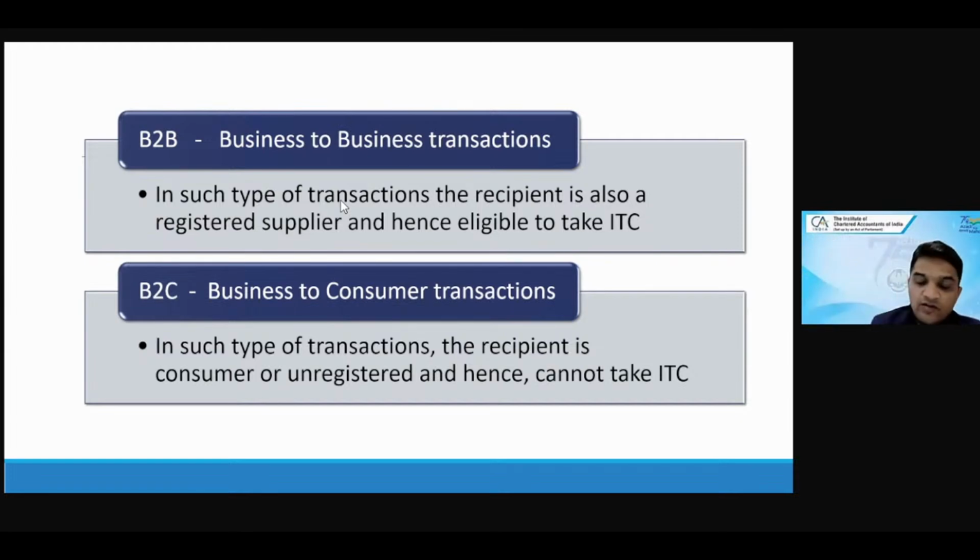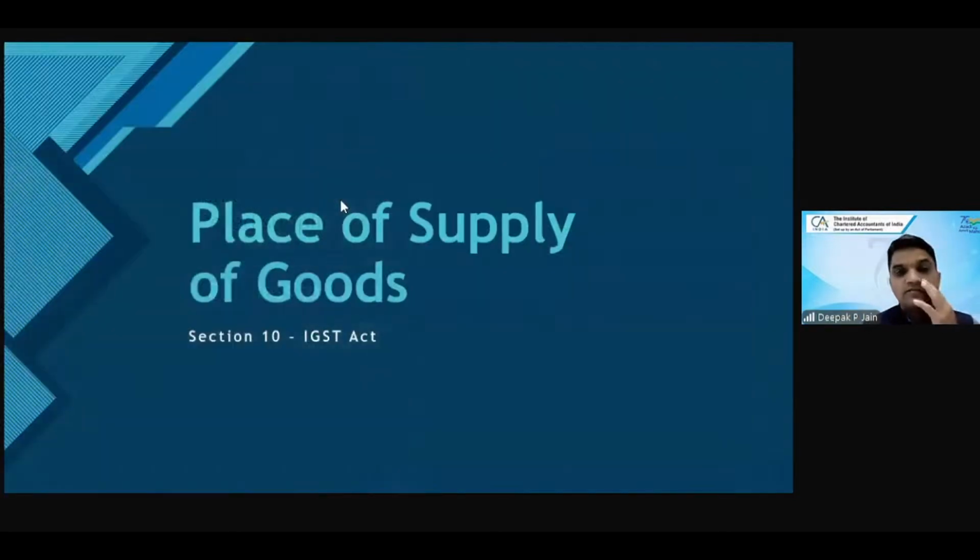Okay, so that's how the transaction is B2B in case of a registered to another registered person, and B2C in case of a registered to unregistered person. What would be the example of B2B?